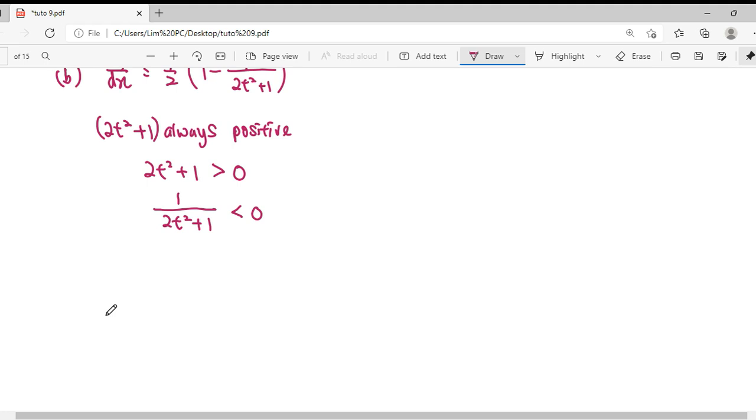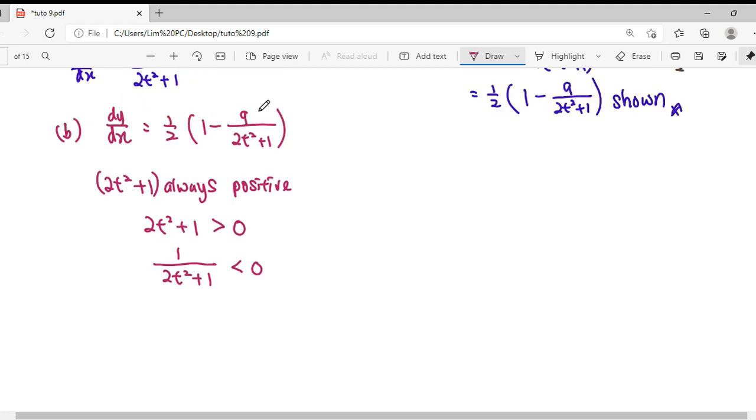So when it is times negative 9, 0 also will be times negative 9. So your maximum value is still in 0 form.